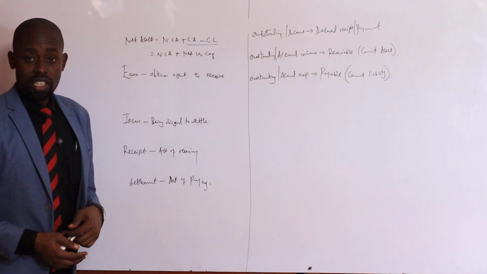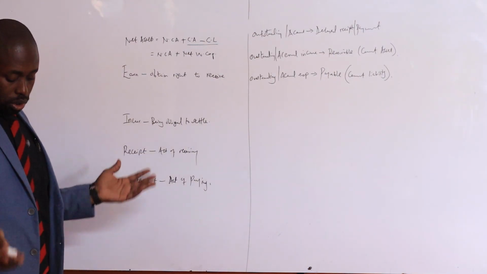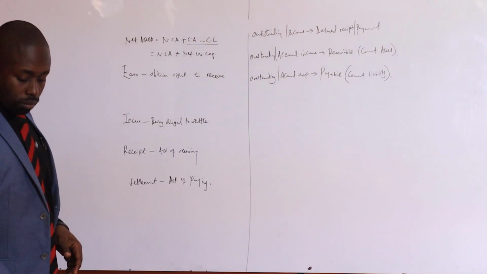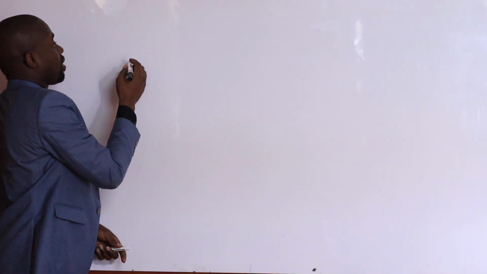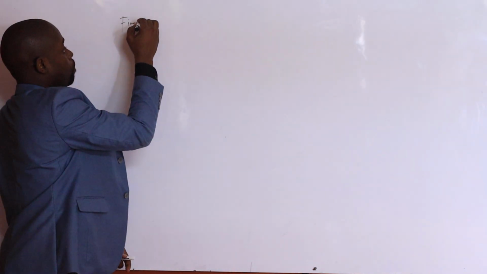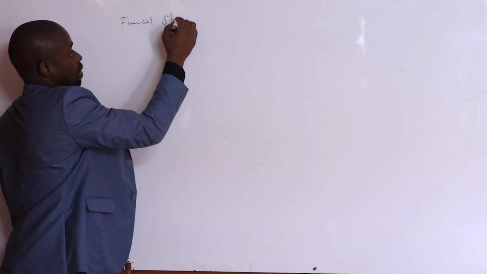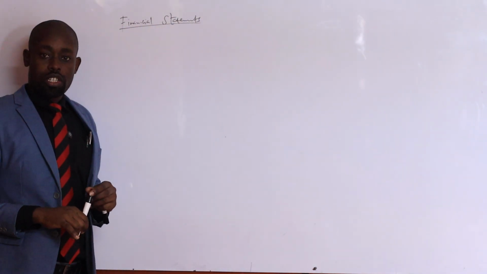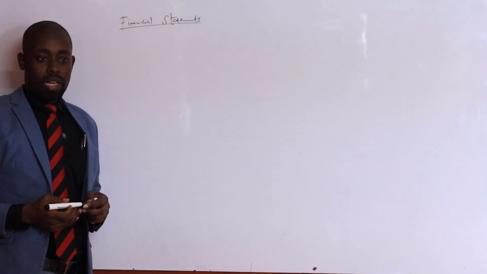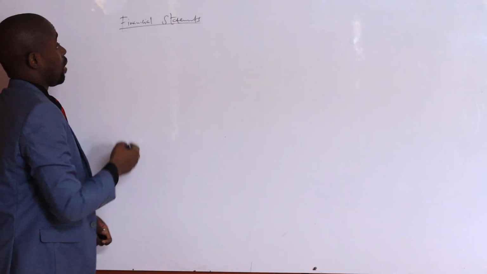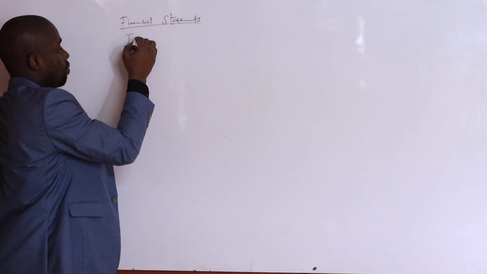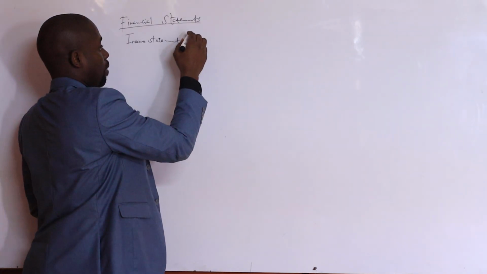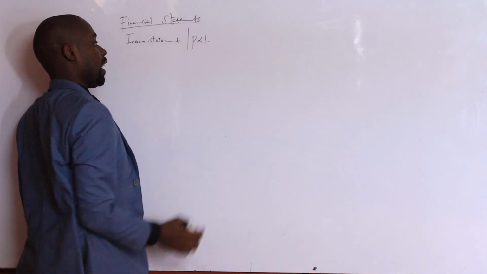Next we'll be looking at financial statements, and then we go to uses of accounting information. So next thing is financial statements. There are 5 basic financial statements that are supposed to be prepared by any form of business, namely income statement, also known as profit or loss statement, P&L.